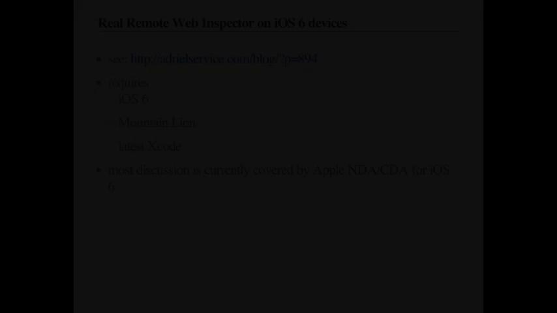Okay, so beyond those two complete hacks, which are awesome because there's a vacuum besides them, there's the real remote web inspector work that's gone on inside WebKit, and then Apple and Google sort of hooking it all up.